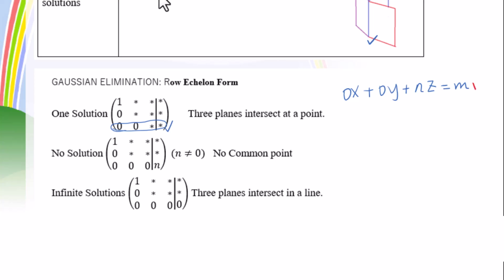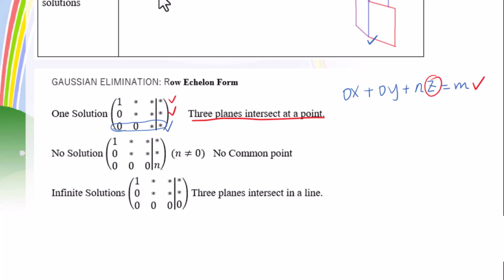We can use this equation to solve for z. Then plug back into the second and the first row to figure out x and y. In this case, three planes intersect at a point.